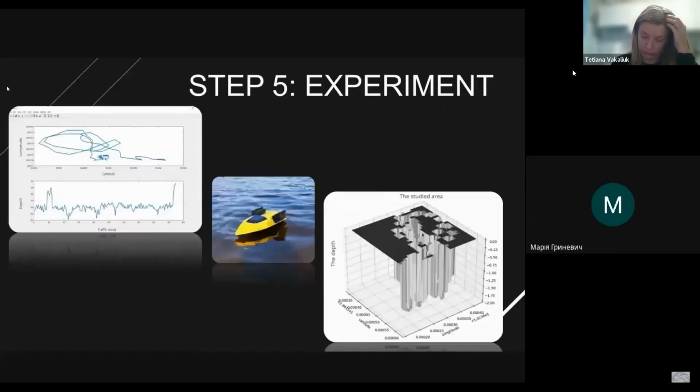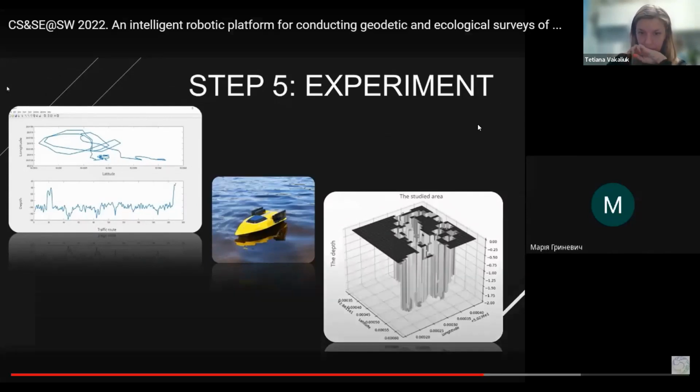To create a map of the bottom relief, first of all, it is necessary to collect data of the depths of the reservoir using an ultrasonic distance sensor. Then, two more parameters are needed to build a three-dimensional model. One of them is time, and the other is coordinates, the determination of which is performed using GPS data of the mobile platform location on the reservoir.